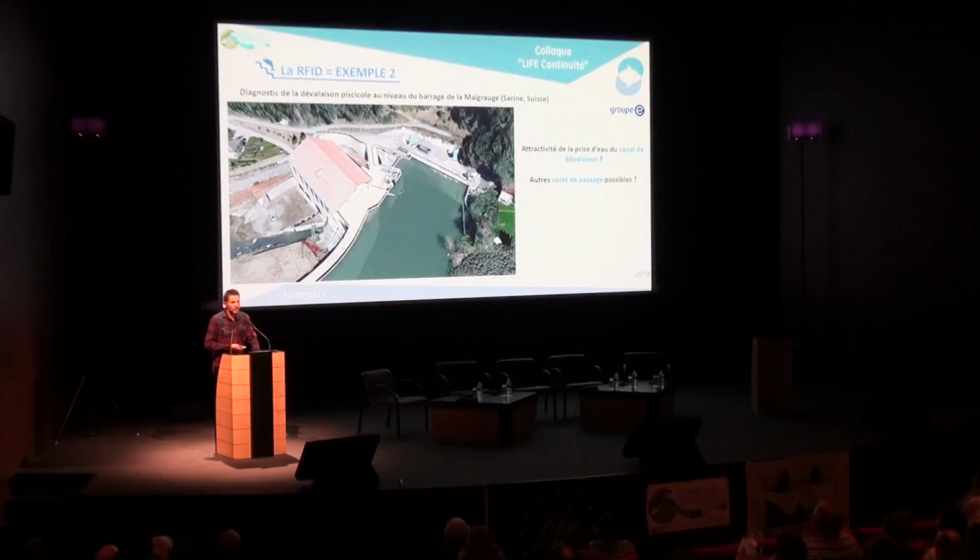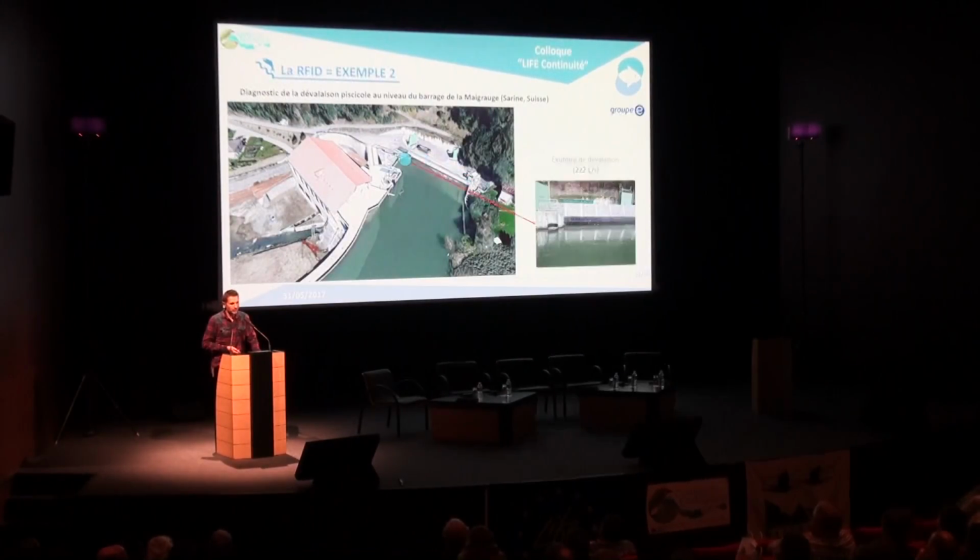What we can do with this technology on a hydropower dam with active telemetry, with contrast for the size of the fishes and also the cost of the tags. So if we can avoid hydroelectricity, is it efficient or not?